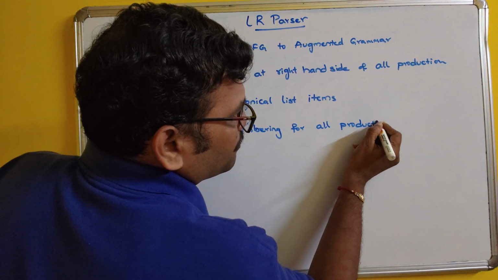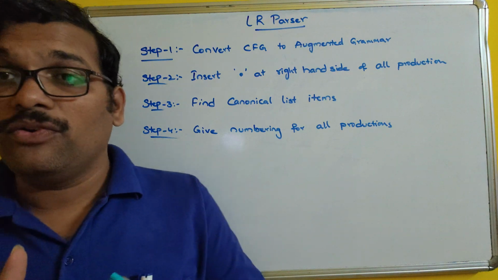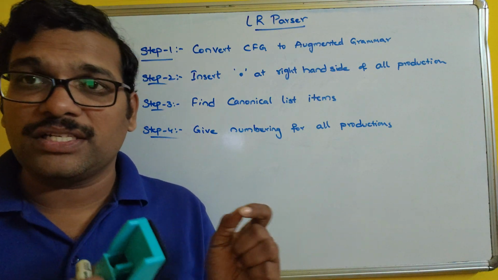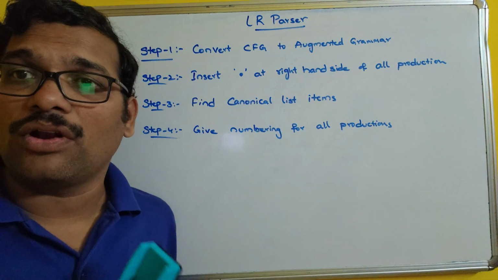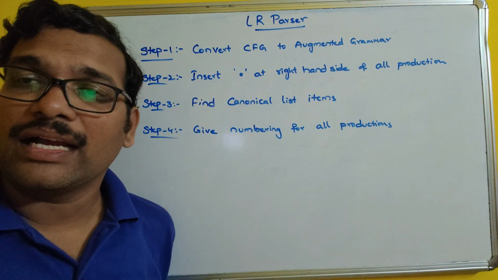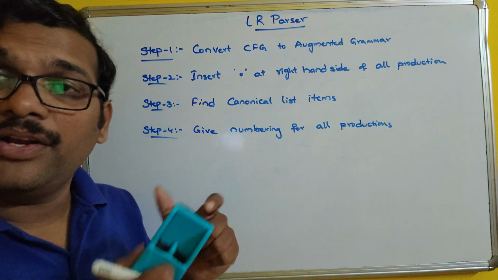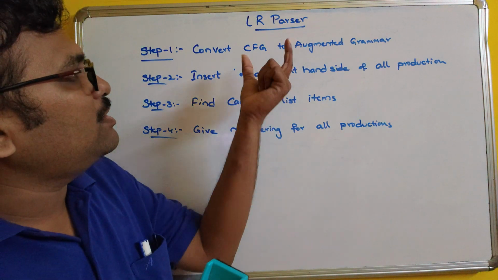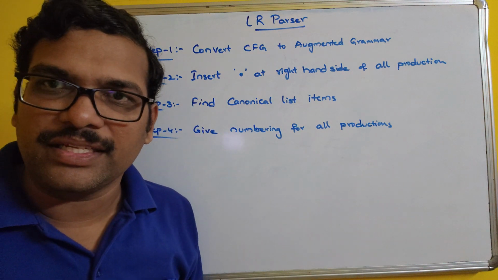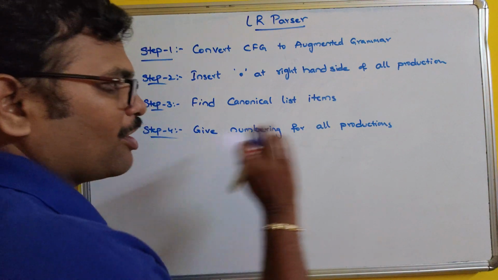If it is top-down parsing, first we have to check whether the given productions have left recursion or left factoring and avoid them, and only then use the top-down parser. But here we need not check everything. Consider the context free grammar, apply all these steps, and give numbering for all the productions.